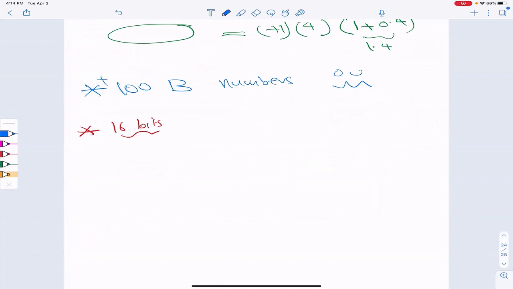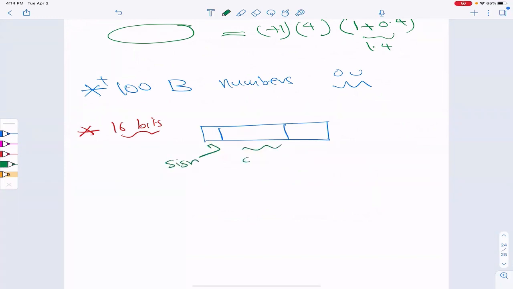And the way that people spend their 16 bits, for the sign, obviously, you need to have 1 bit. For the exponent part, you spend 5 bits. And for the fractional part, you spend 10 bits. That's the 16 bits.